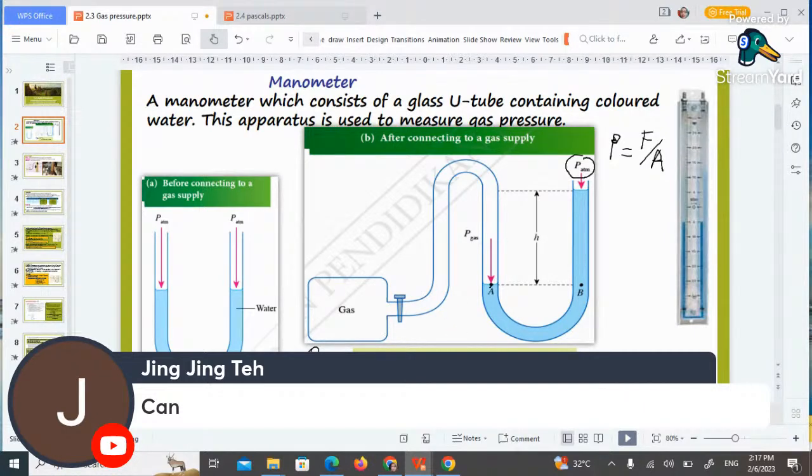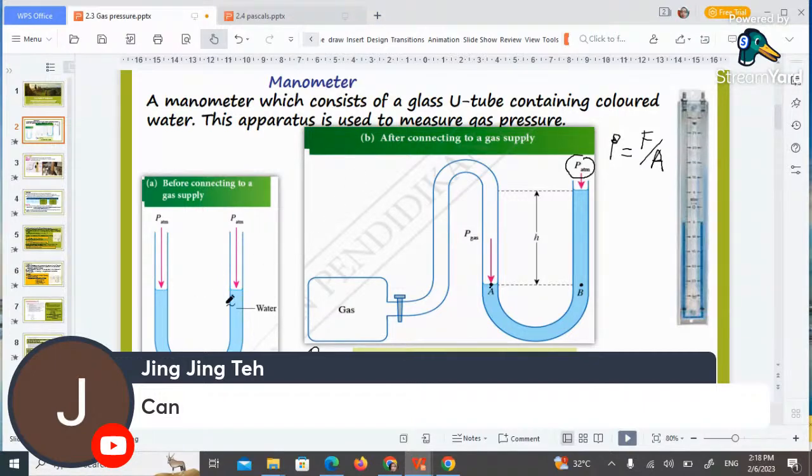So this is how the manometer is used to determine gas pressure. What we know about the manometer is that it consists of a glass U-tube containing colored water. This apparatus is used to measure gas pressure.